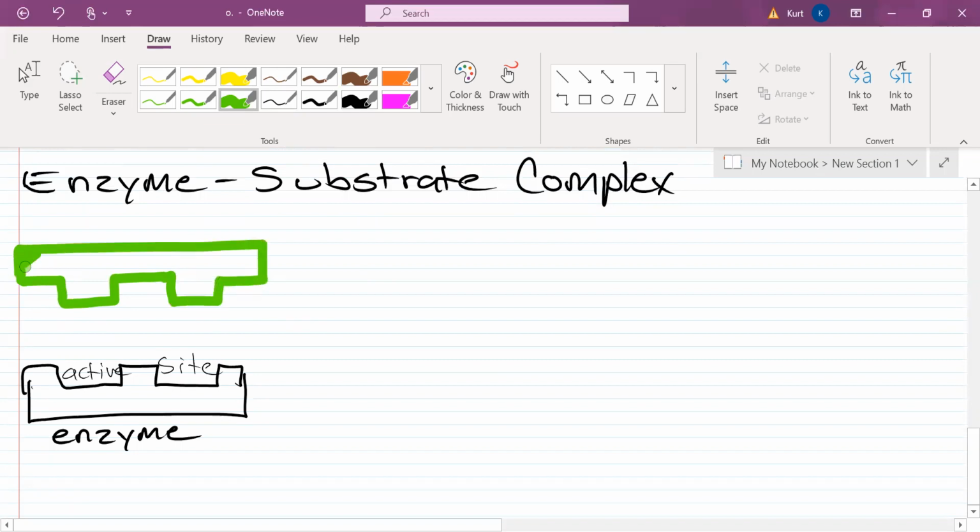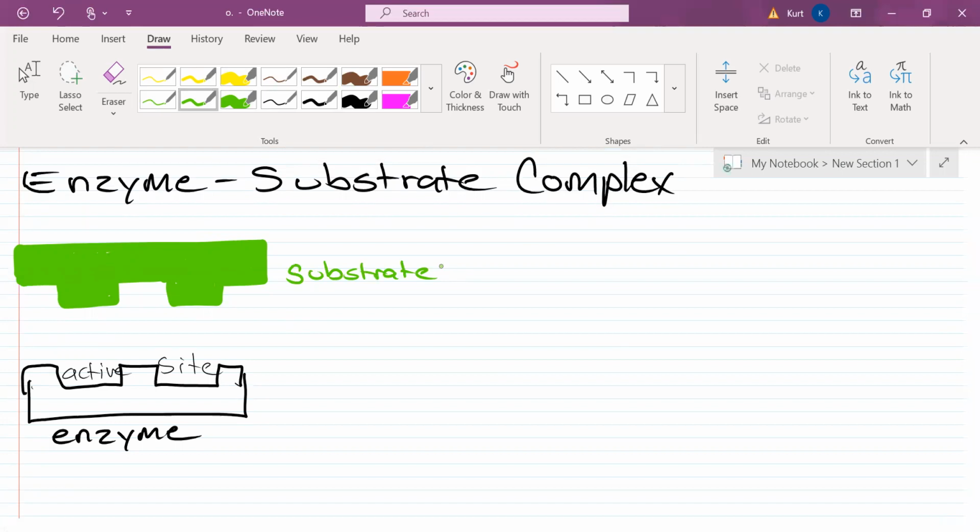This is your substrate. This is the substance that is actually going to get, in this case, broken down in a reaction.